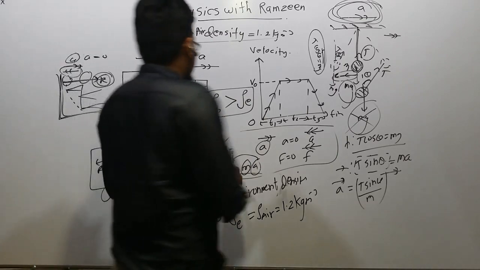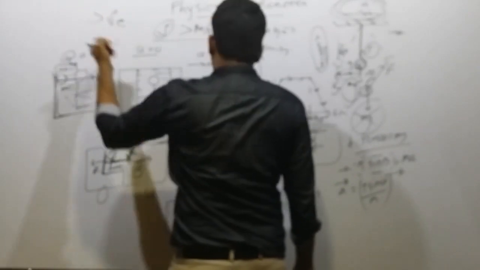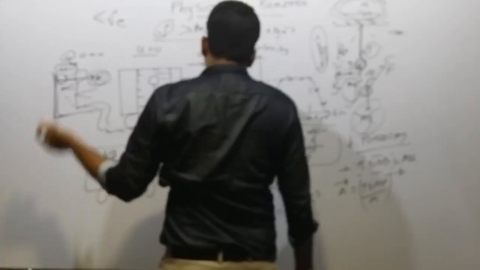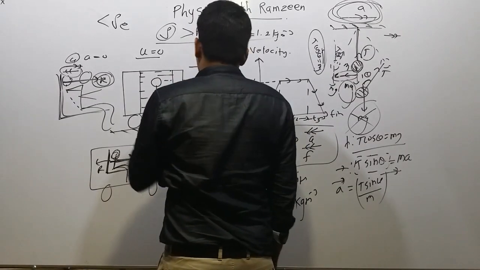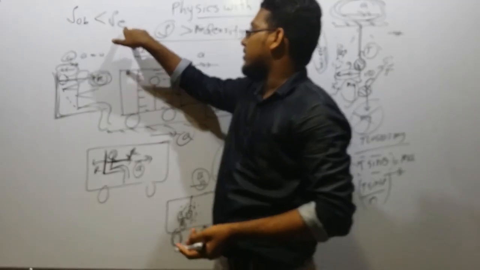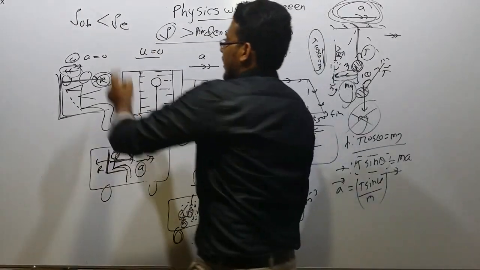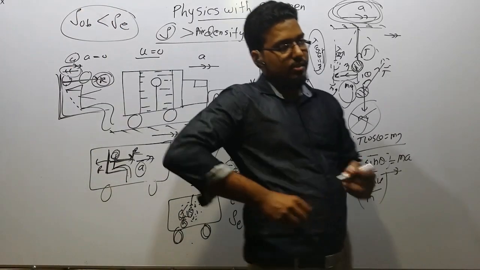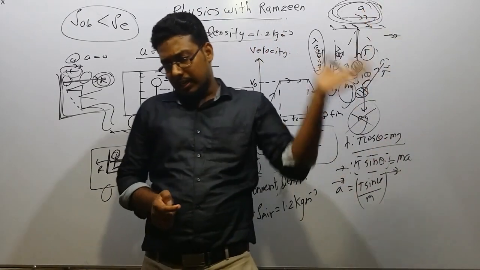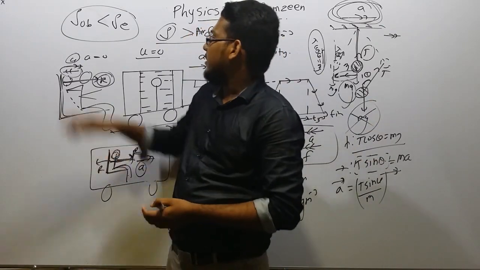And now let's check another example, where the environment density is greater than the object density. The environment density, or whatever the fluid density surrounding the particle, is greater than the object density. When the object density is less than the environment density, what will happen? The object density may be equal to the environment density, higher than the environment density, or lower than the environment density.